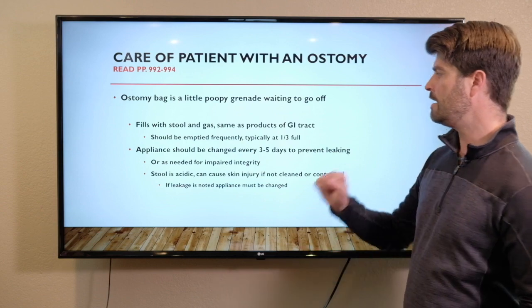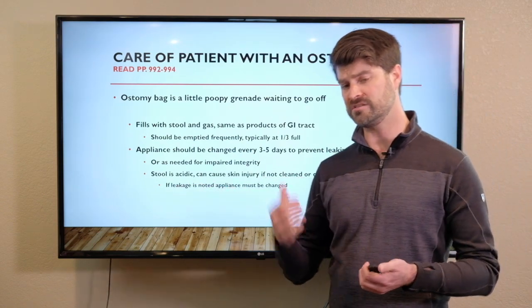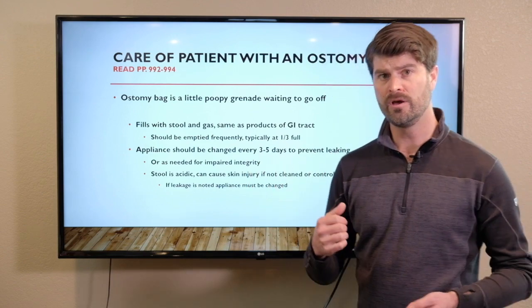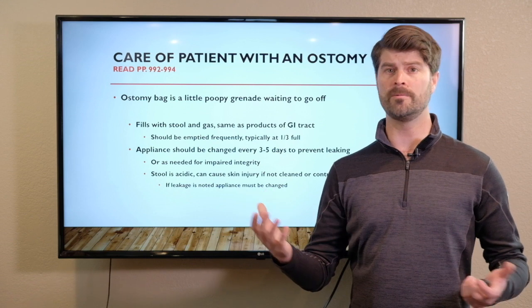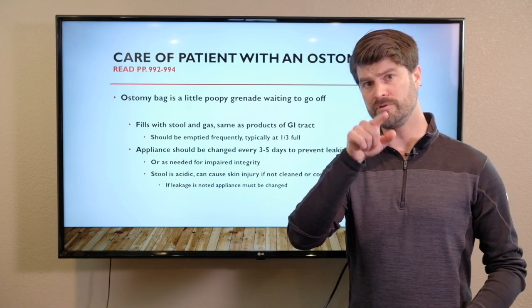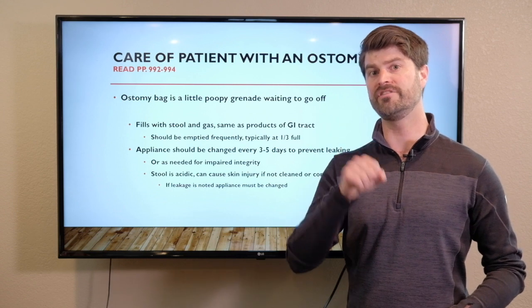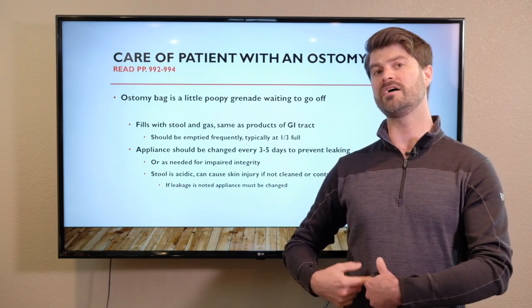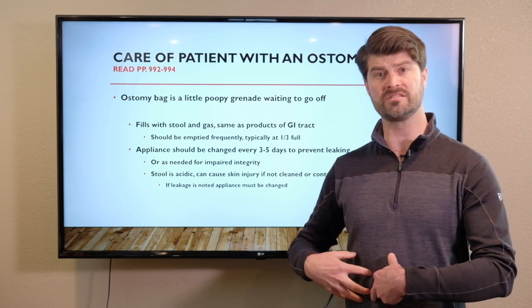Stool is very acidic. The opening of the appliance comes about the size of your little finger, but everybody's stoma is different. So you have to custom cut the internal area of the appliance to match the size and shape of the patient's stoma. Every one of them is a custom fit.